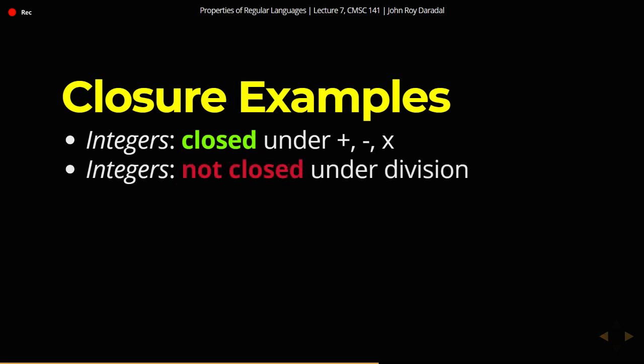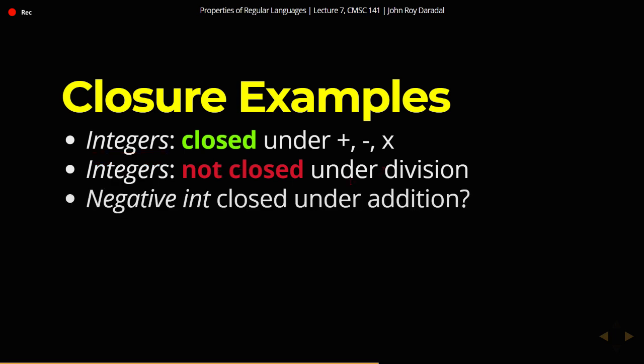However, integers are not closed under division, because if you divide two integers, the result could be a float. For example, 5 divided by 2 is 2.5. That's not an integer anymore. Because the result is not always the same type as the operands, it's not closed under that operation.